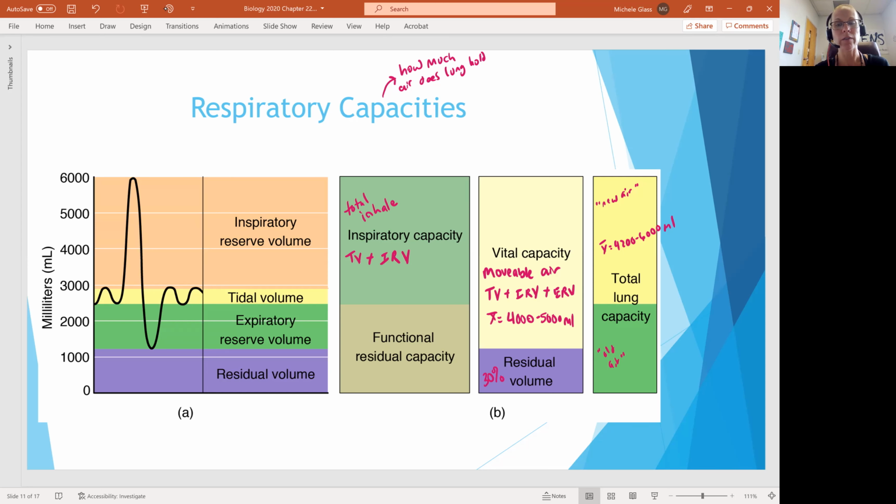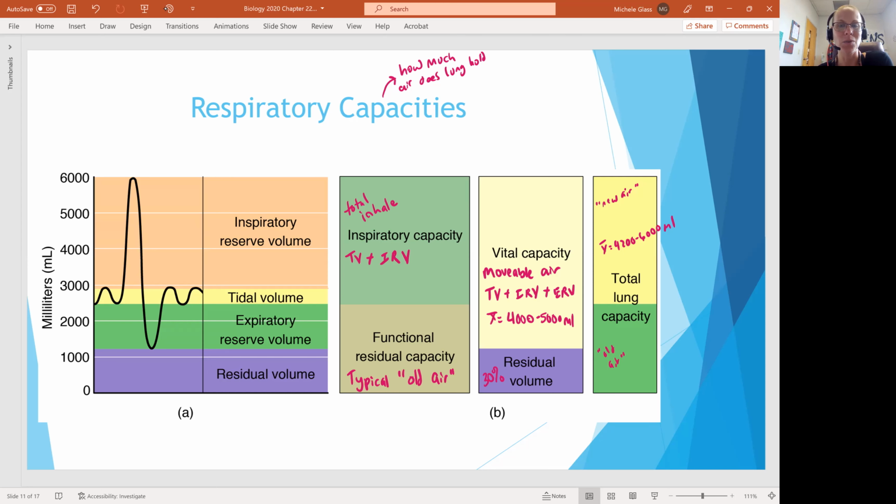And when we talk about the functional residual capacity, this is your typical old air, or stale air, leftover air. Most of us are not walking around forcing our breathing, right? Most of the time we're doing that quiet breathing.